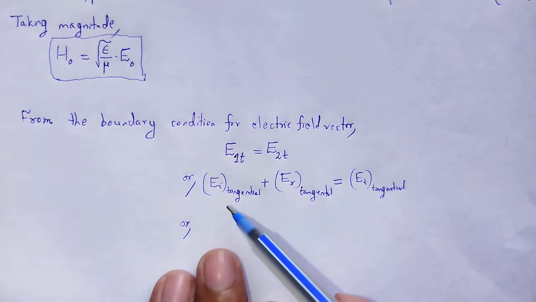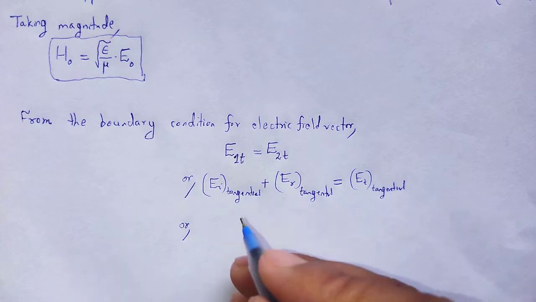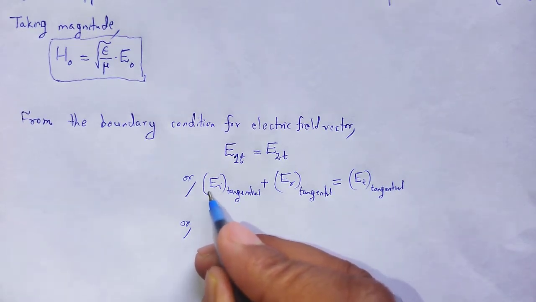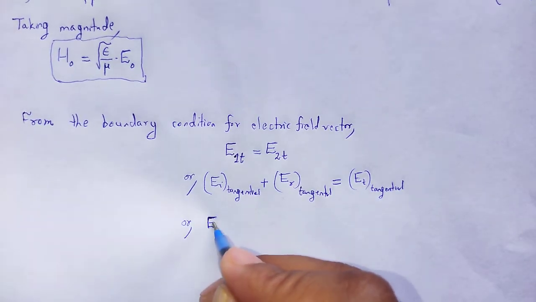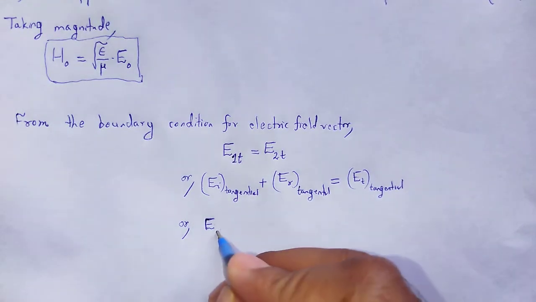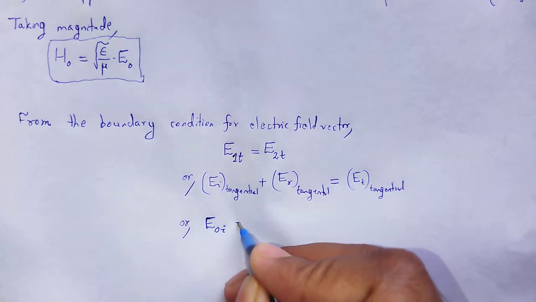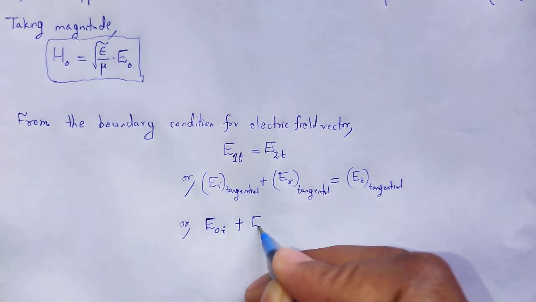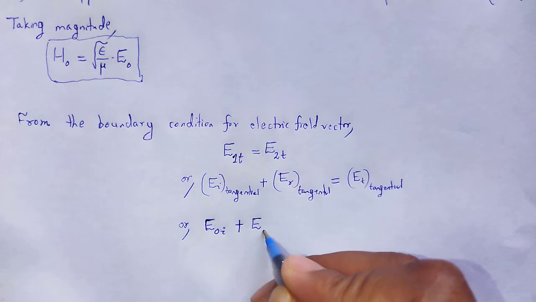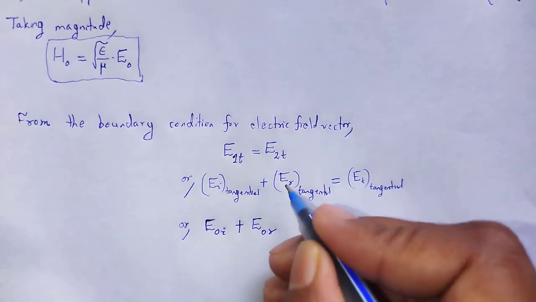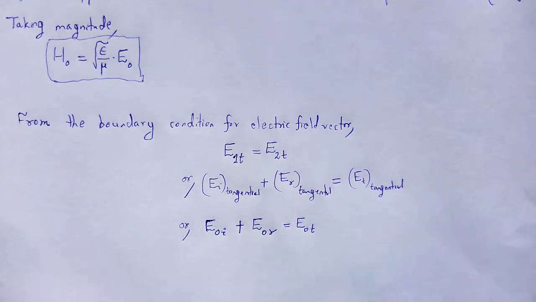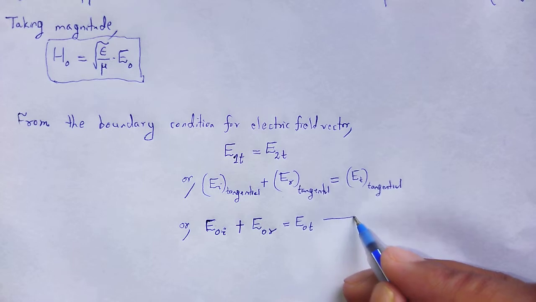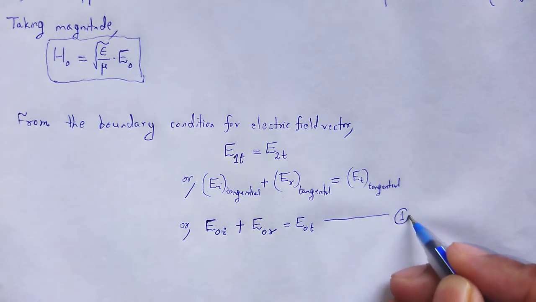Here we take the magnitude parts: E_I, the incident electric field tangential component in its magnitude part, E naught I plus E naught R for the reflected wave, is equal to E naught T for the transmitted wave. That is equation number 1.